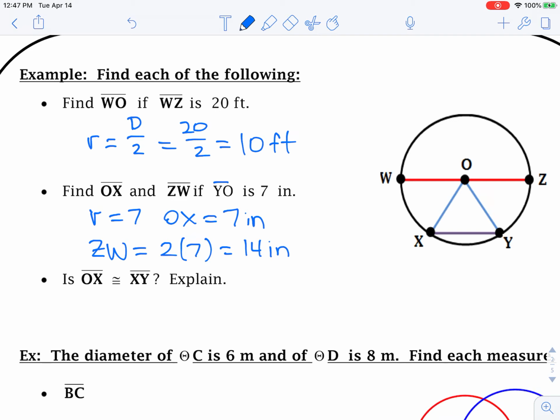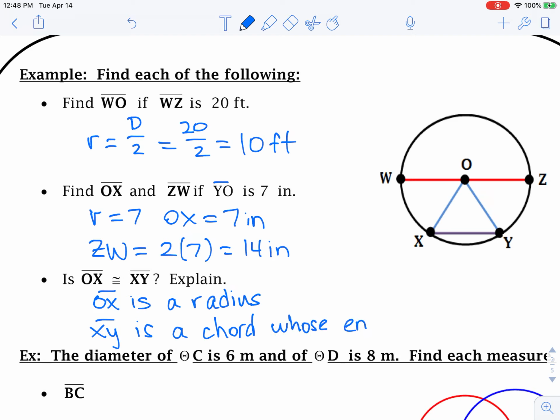Are OX and XY congruent? Well, OX is a radius. XY is a chord whose endpoint is not the center.